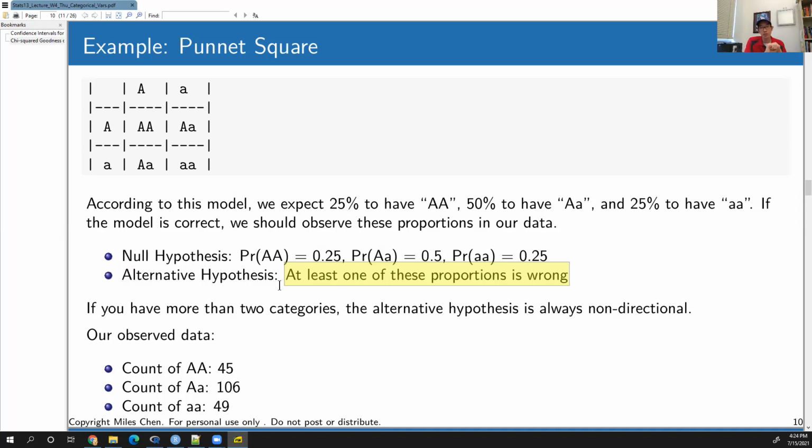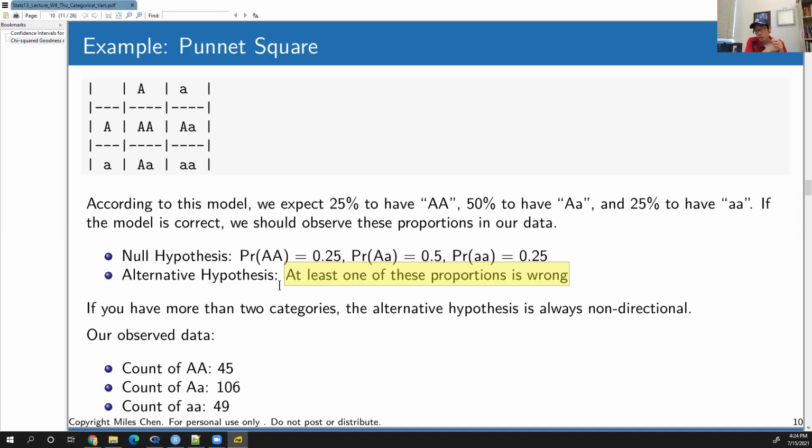But if you have three categories, categories 1, 2, and 3, and you try to make it directional and say 1 is too big, then the question is, does that mean 2 is too small, or is 3 too small, or are both 2 and 3 too small? It gets difficult to pinpoint exactly what adjustments you need to make.